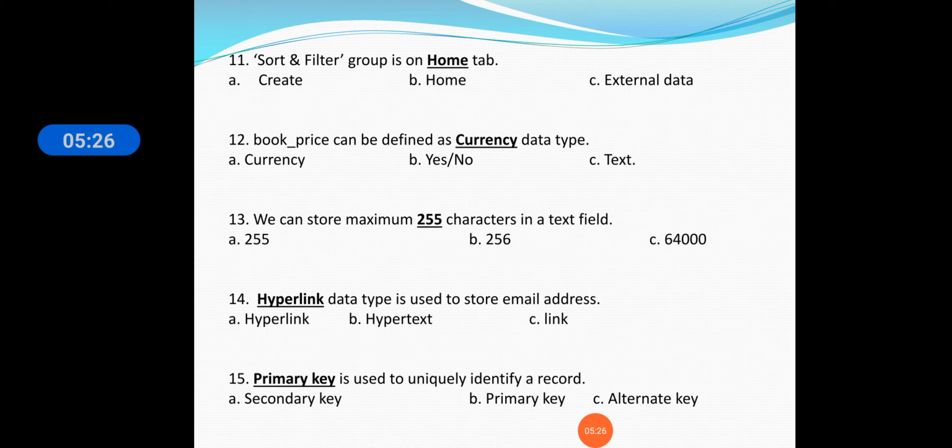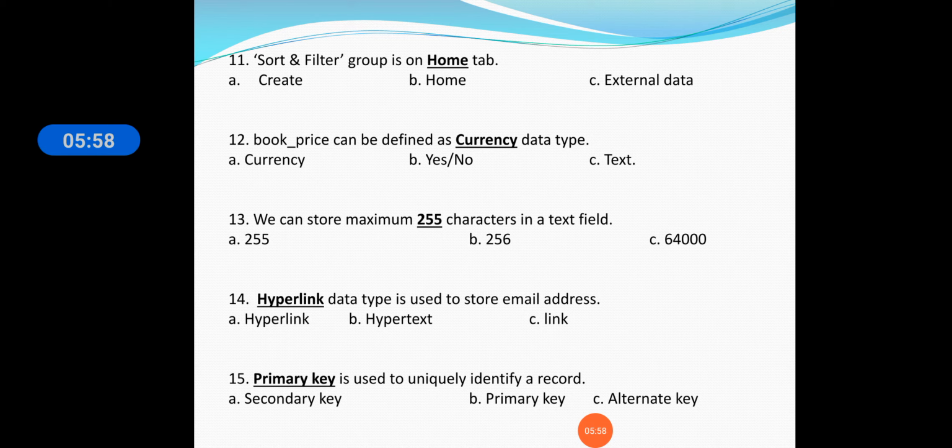For example, if a student's name is the primary key, we can take the details like name, phone number, email address, all under that student name. So students, this was our MCQs of chapter number 1, Microsoft Access 2010 part 1. Read these full 15 MCQs one more time and study well.